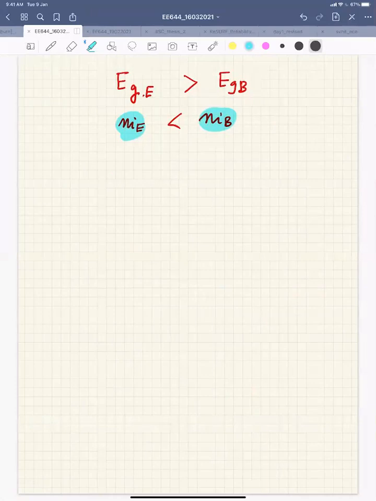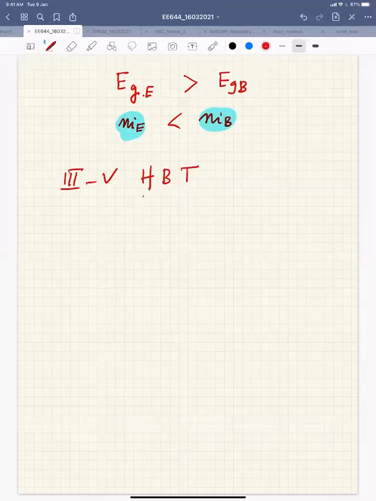If I give an example, we have III-V BJTs, or we call it the heterojunction bipolar transistor, HBT. HBT stands for heterojunction bipolar transistor, right? So this is heterojunction, this is bipolar, and this is transistor.